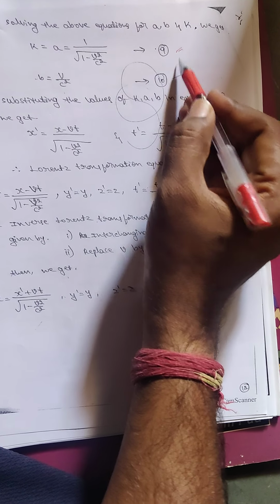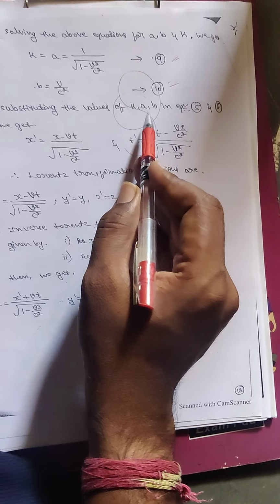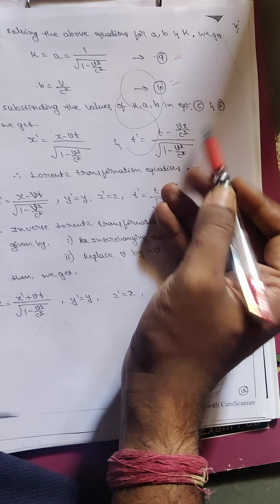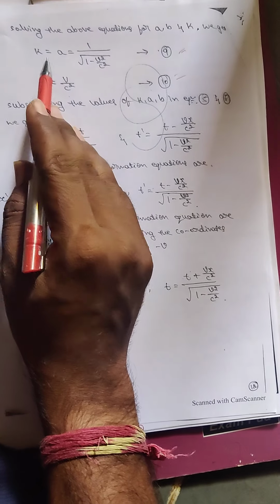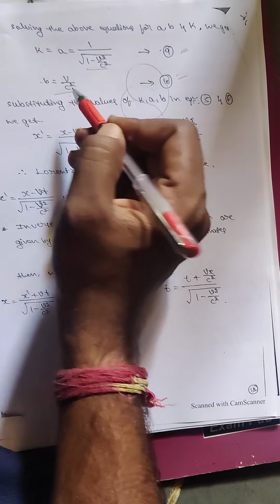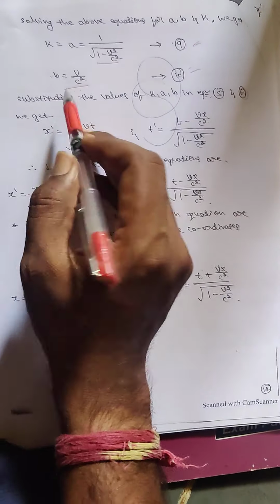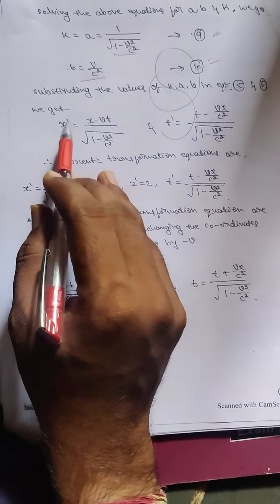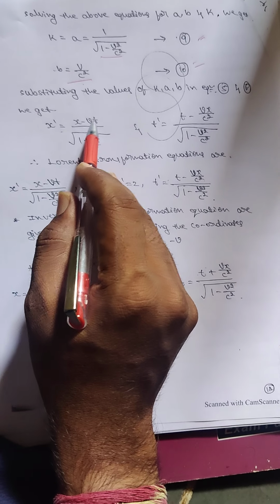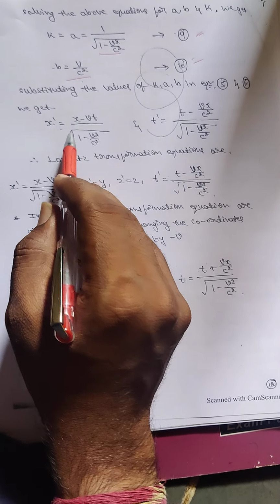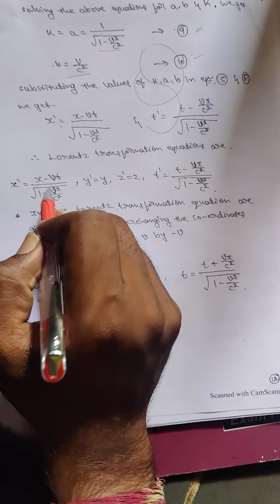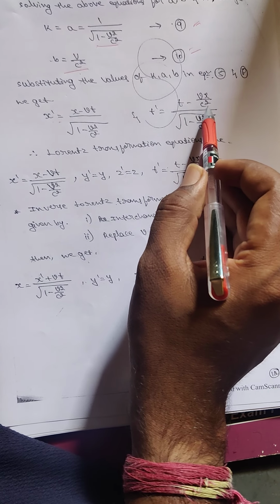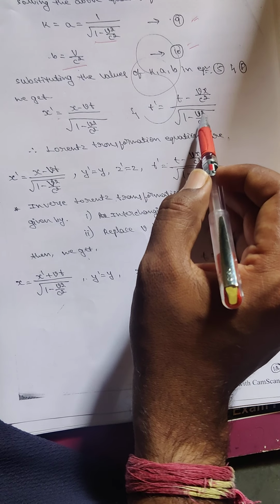So substituting the values of k, a, b from 9 and 10 in equations 5 and 6, we get x dash is equal to x minus vt divided by square root of 1 minus v square by c square, and t dash equal to t minus vx divided by c square, over square root of 1 minus v square by c square.